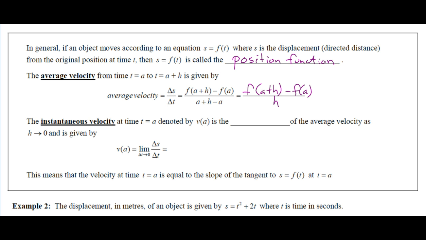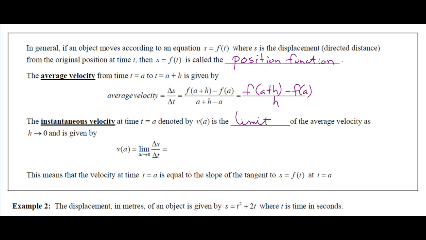If we want the instantaneous velocity at time t equals a, denoted by v of a for velocity, it is the what? The limit of the average velocity as h approaches 0.